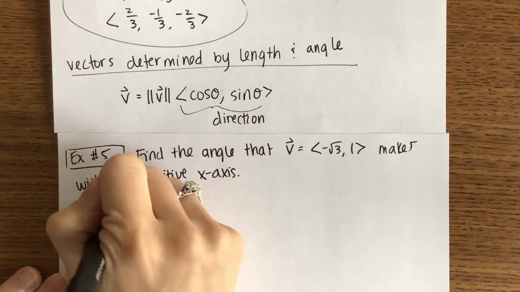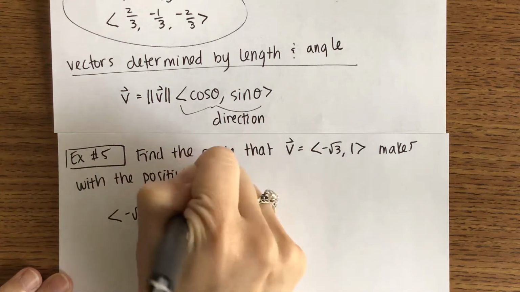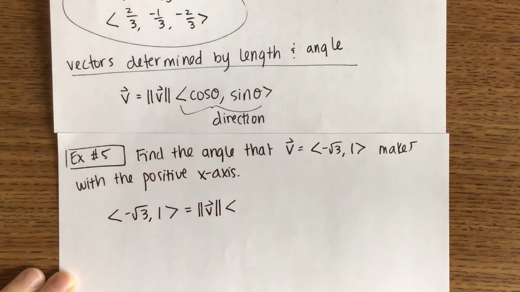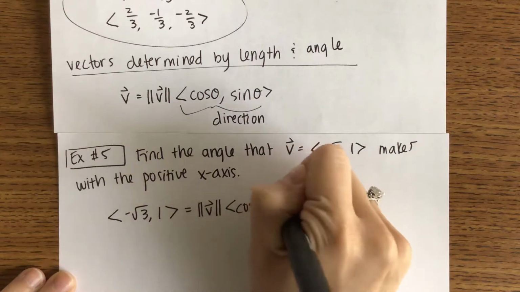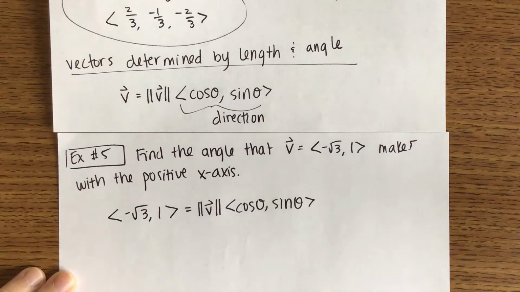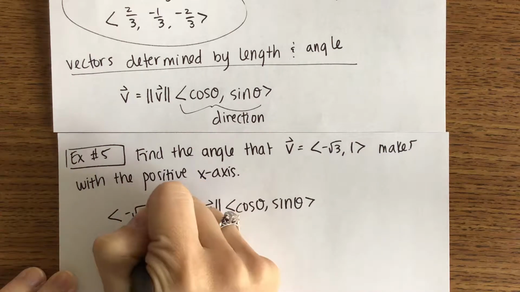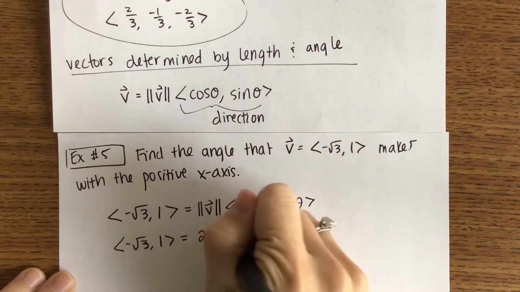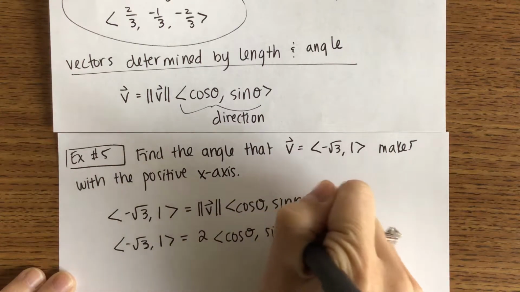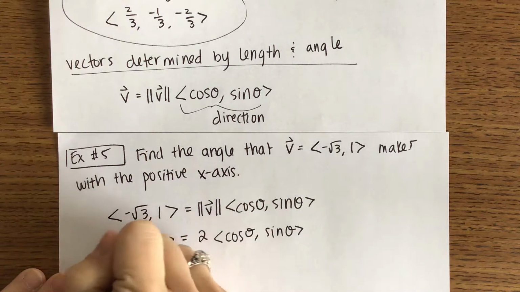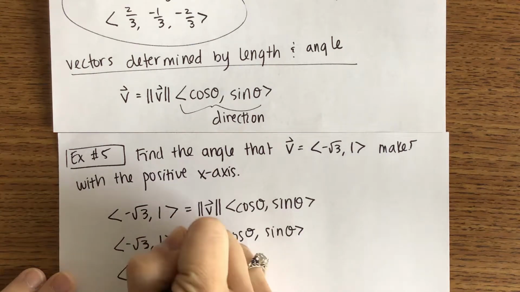So we are going to take that vector v, so that negative root 3 comma 1, and we want to write that as the product of its magnitude multiplied by its direction. So theta ultimately is what we're looking for. If you find the magnitude, you're going to find that it's 2. So once we divide by 2, we're going to get our direction vector.